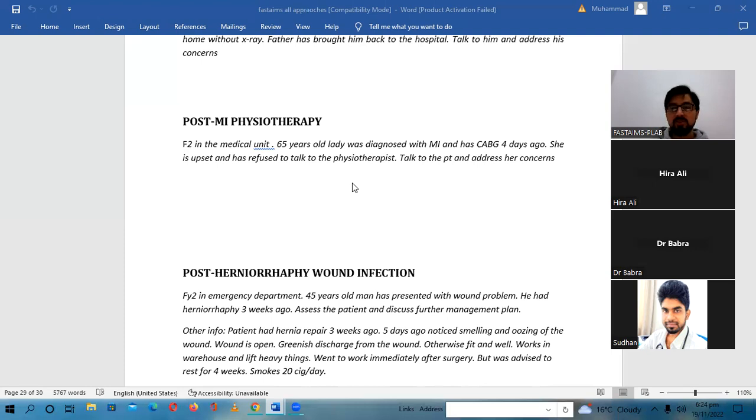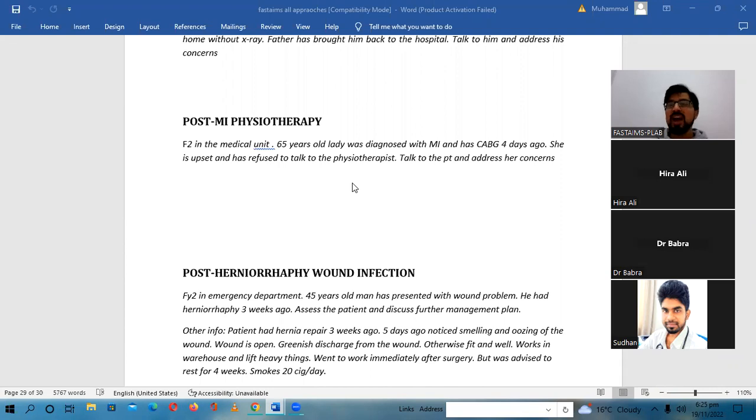Are you getting me so far, or have you understood what I am trying to say? You can ask. And the patient says, okay, yes, doctor, I understand now. And then you need to tell the patient that when you move around or do exercise, do you get any chest pain, any shortness of breath, or any heart racing?